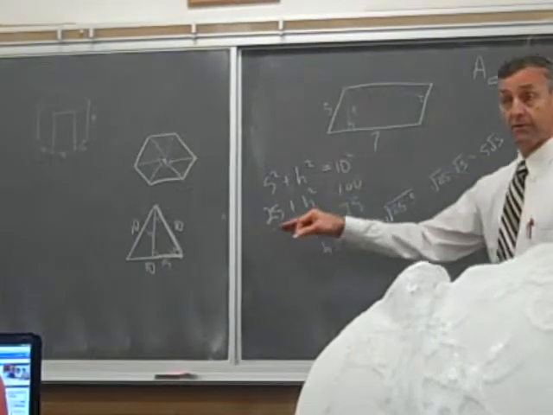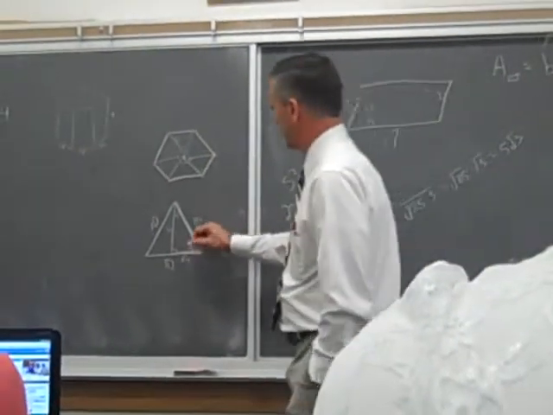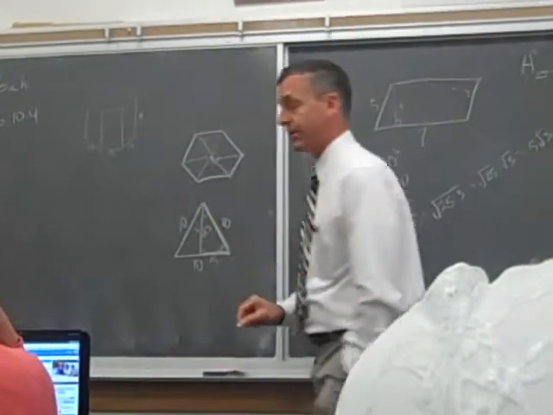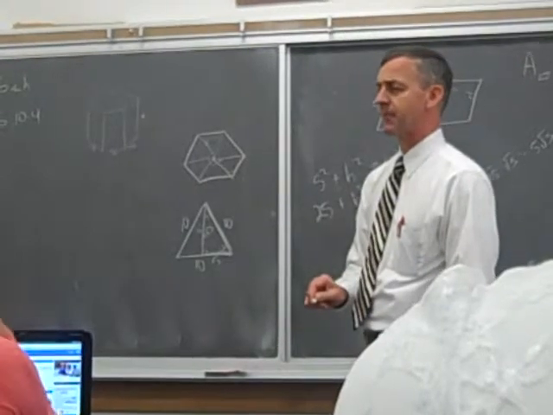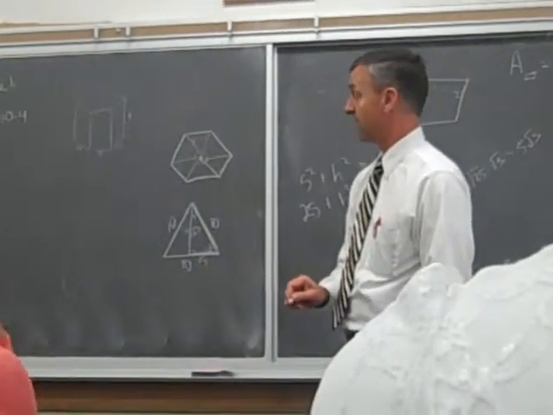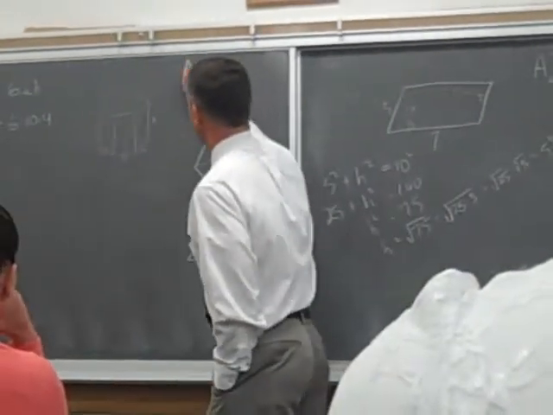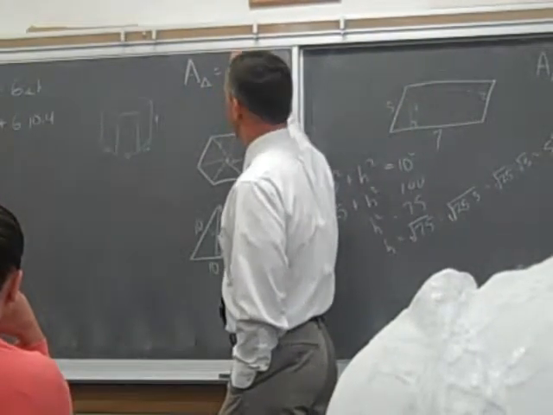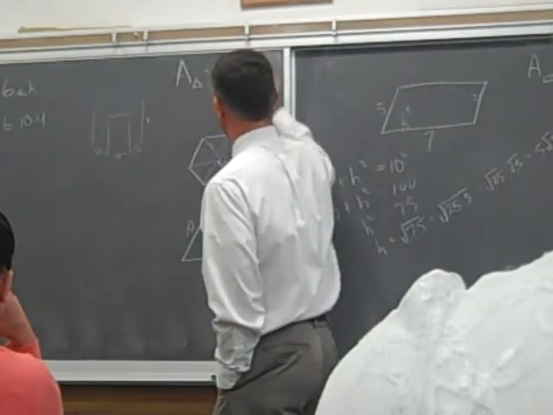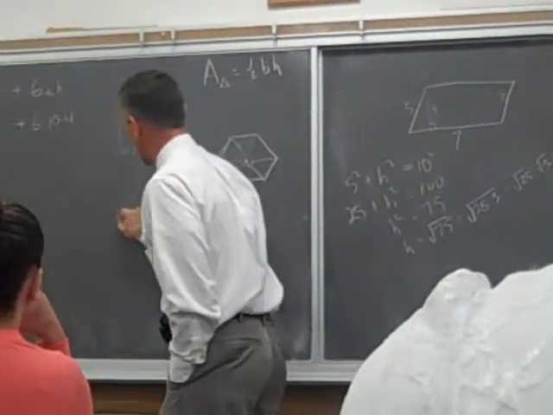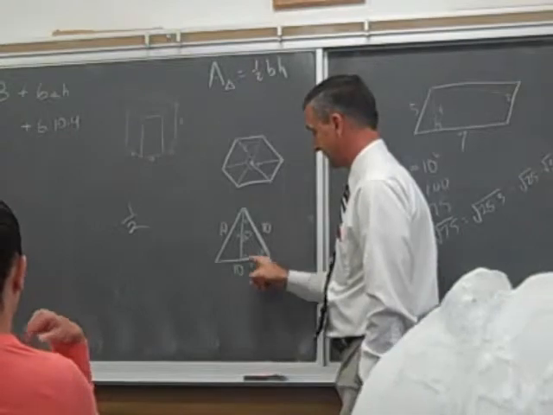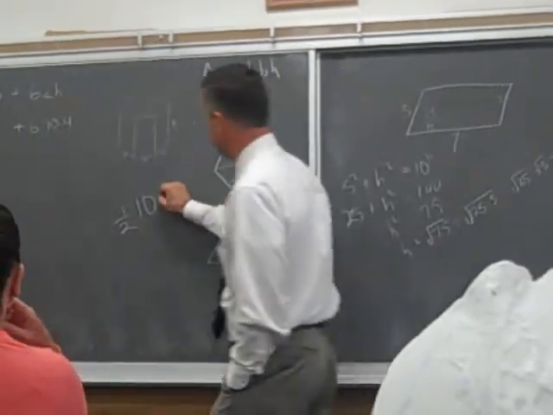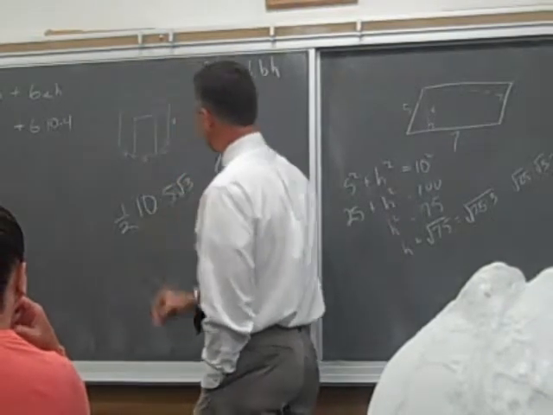So now we can do this. This height is 5 times radical 3, so we do the area of a triangle formula, which is 1/2 base times height. So that's 1/2, what's our base? 10, times 5 radical 3.